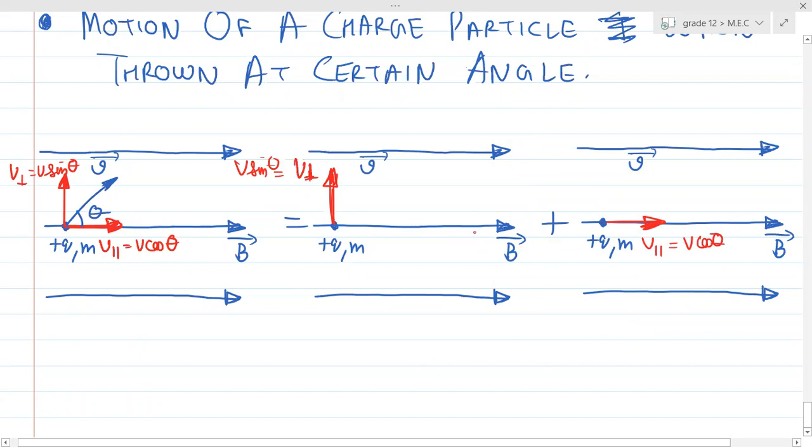So now can you see both the cases? I broke the general case into two. Here theta was the angle between the velocity vector and the magnetic field vector.